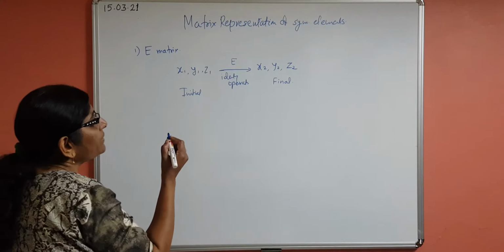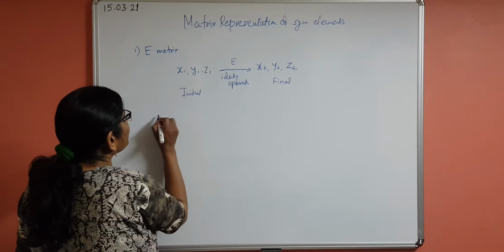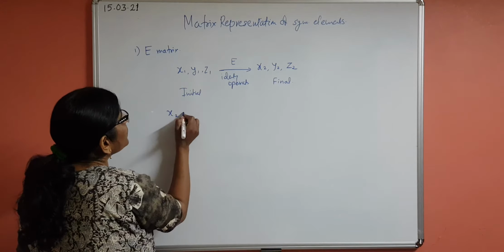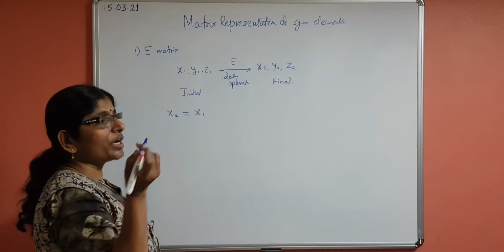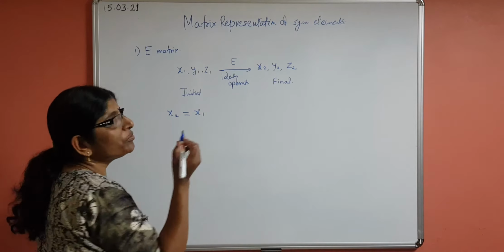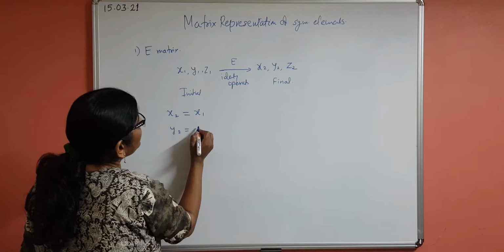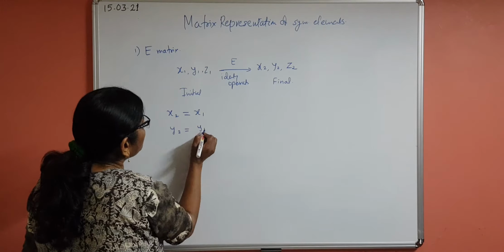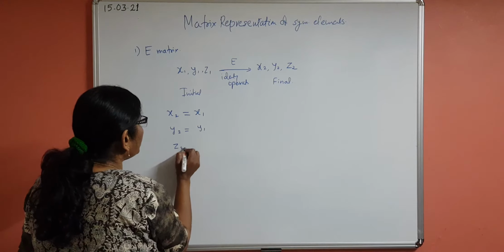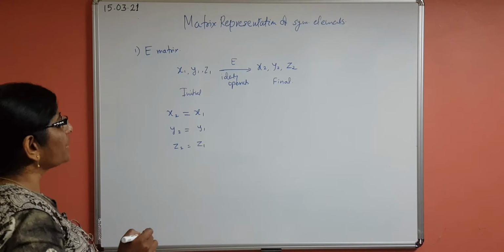When I have to write these representations as a set of matrices, x2 is equal to x1; I mean the end coordinates I'll write after performing the operation. y2 comes from y1, and z2 is from z1. Initial and final coordinates I have written.